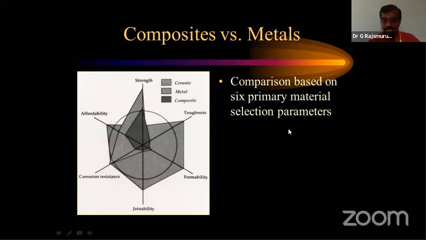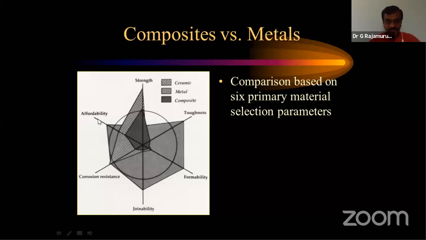And this particular diagram shows a comparison based on the six primary material selection parameters. For example, the hatched area is entirely a composite material. The center one, sorry, this is the ceramic material, and the center one is the composite material. And this light gray color is a normal metal.